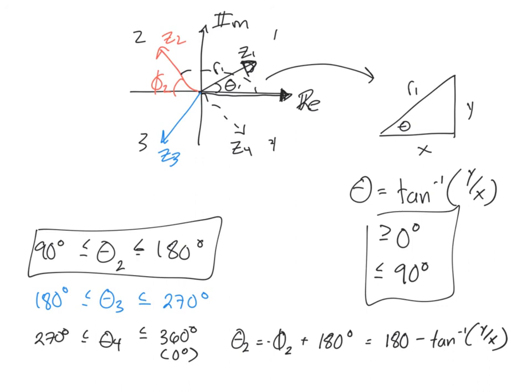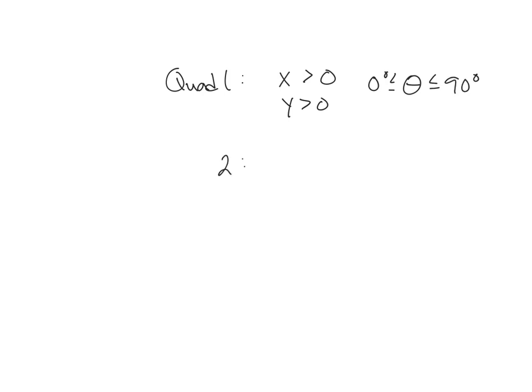Okay, so it's just important to note if you've got something in quadrant 1, meaning x is positive and y is positive, you know the angle is going to be between 0 and 90 degrees. If you're in quadrant 2, you know that x is negative, the real part is negative, and the imaginary part is positive. That's going to be between 90 and 180 degrees.